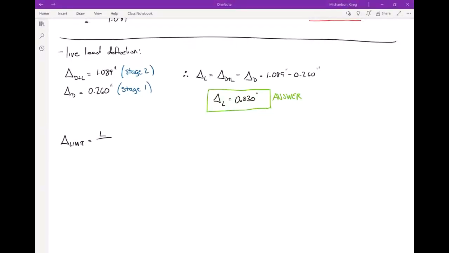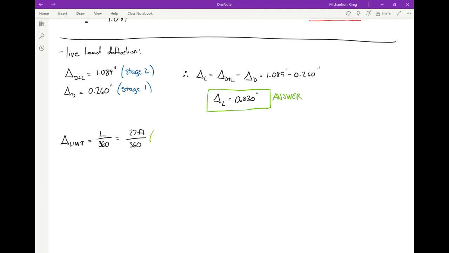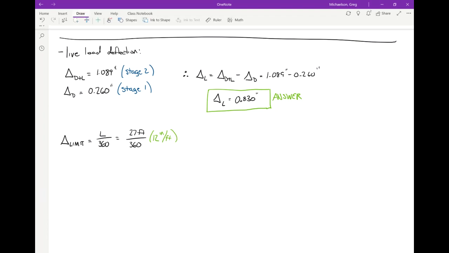All right, so L over 360. Now, the length is 27 feet, okay? If you just take 27 and you divide it by 360, you're going to get a number, but the units are going to be in feet. We need to convert it to inches. So 12 inches per foot. All right. So 27 times 12 divided by 360.